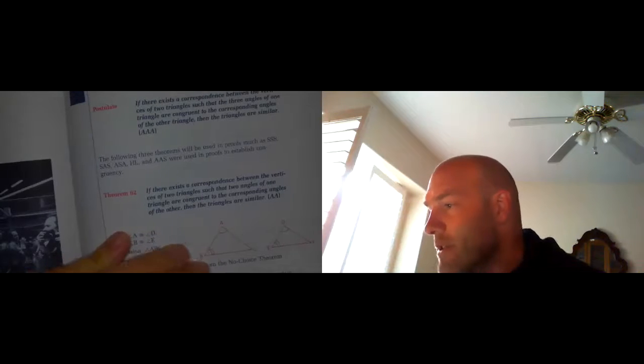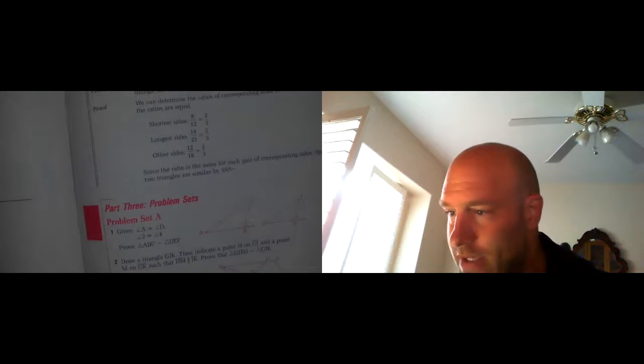There are two others. There is SAS similarity, slightly different than normal SAS, which says if two sides of a triangle are proportional to the corresponding sides of a second triangle, and the included angle is congruent, then the triangles are similar.